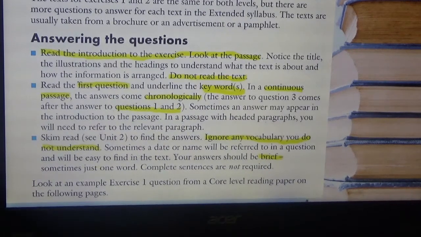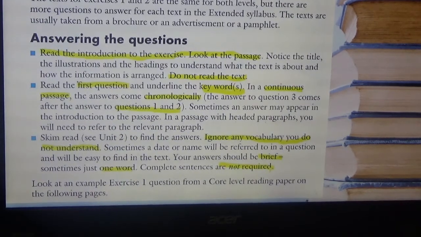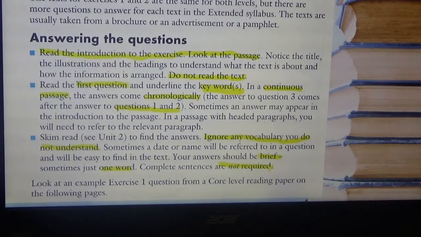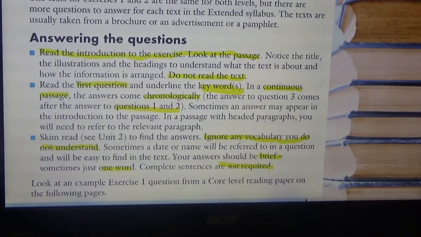Sometimes just one word, and complete sentences are not required. So as we're taught to answer in complete sentences in our classroom situations, when you take the IGCSE, this is the part where complete sentences are not required.